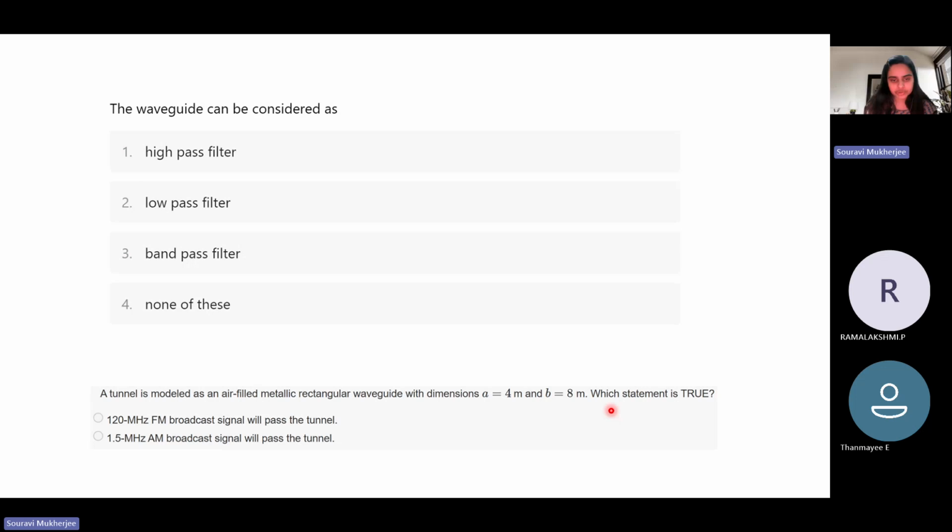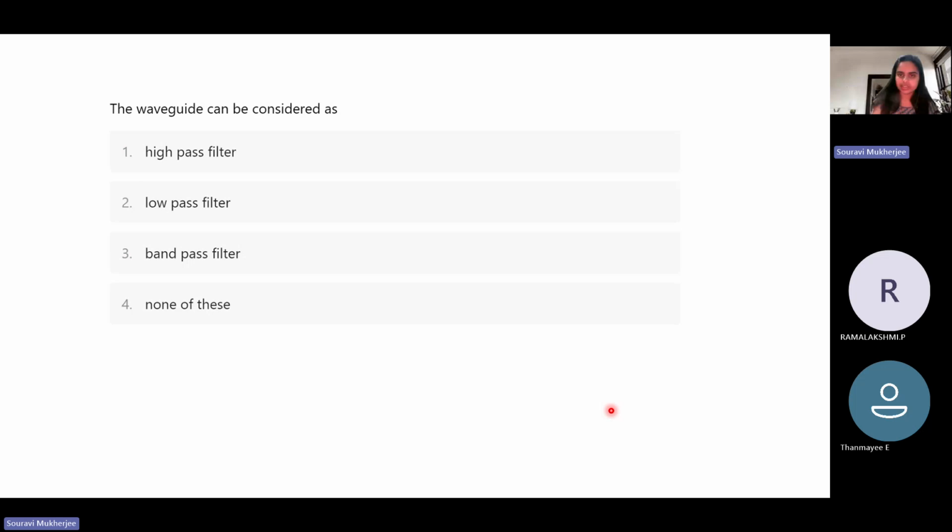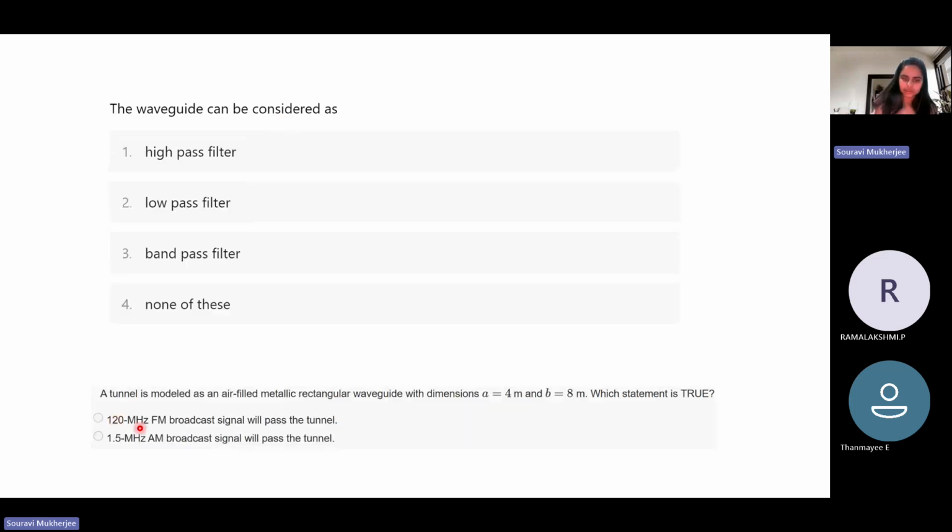Since it's air, the speed of the wave can be considered to be the speed of light, C. What you can do is find the lowest cutoff frequencies based on the same formula that you have here, and then see whether the given frequency is below the cutoff or above it. If it is below, it will not get propagated. If it is above, it will get propagated. Again, very standard kind of questions.